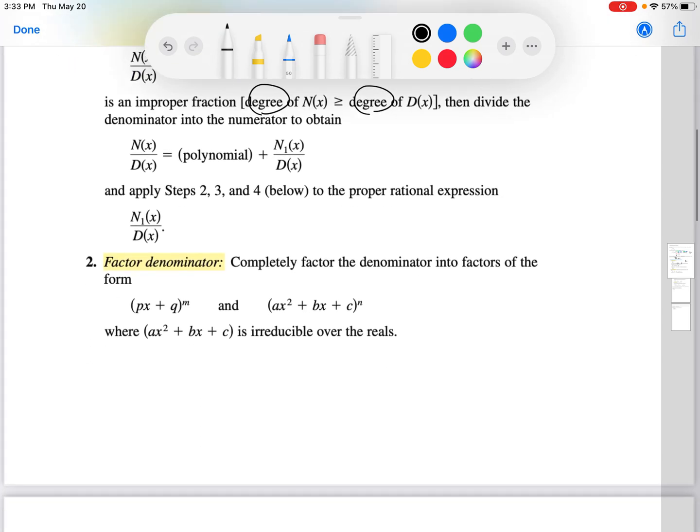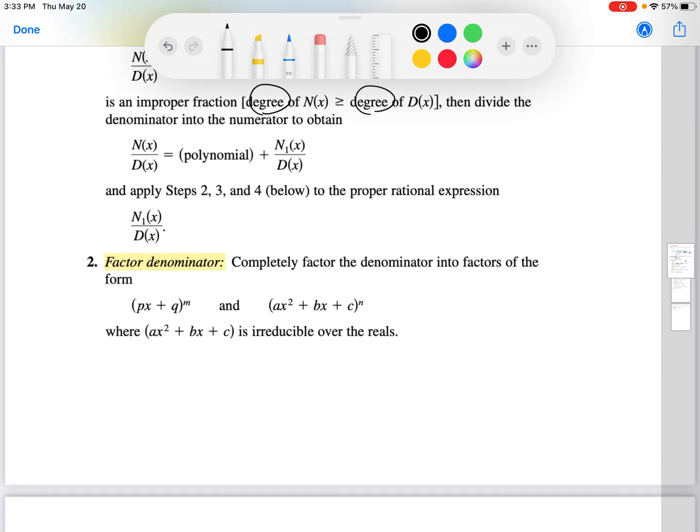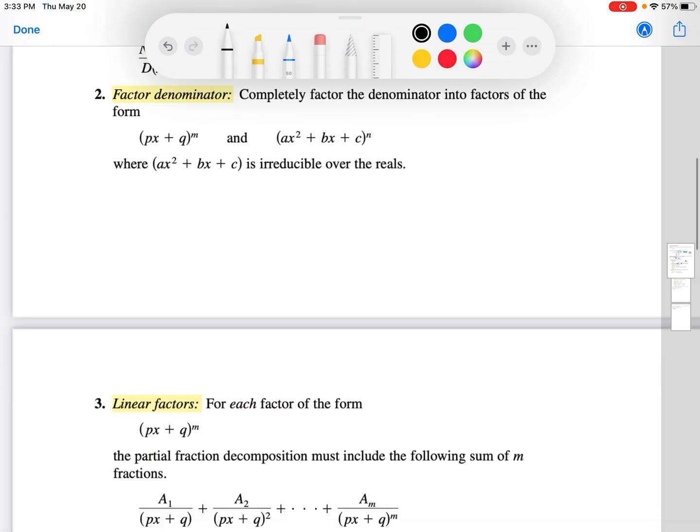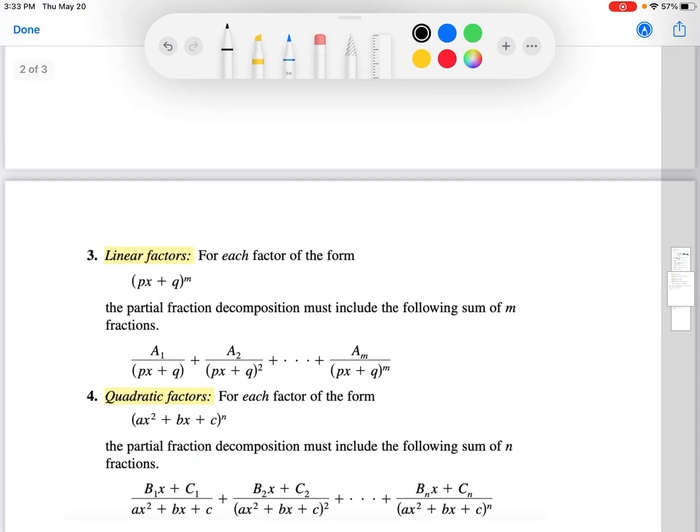Okay, and we're going to see some examples like this. If we can factor the denominator, we absolutely are going to do this. It's going to make our lives a lot easier.